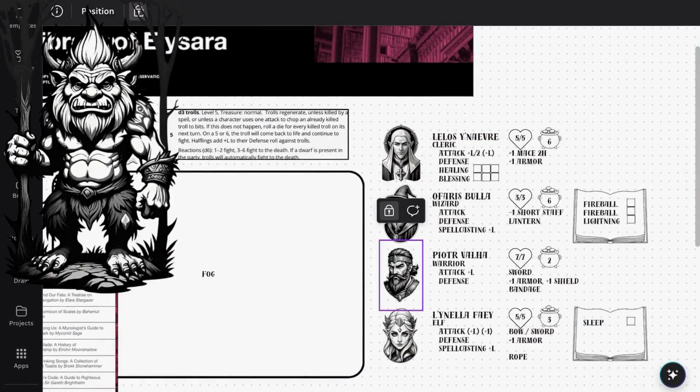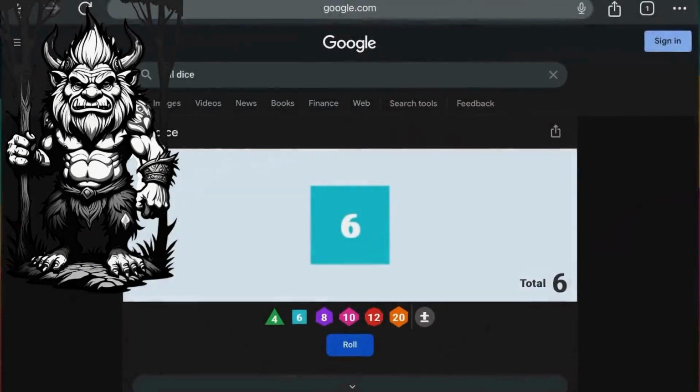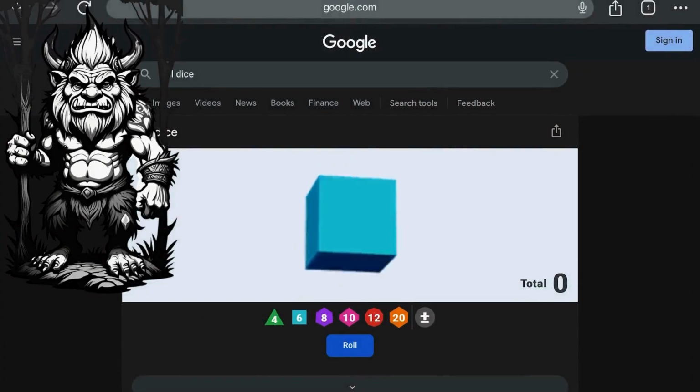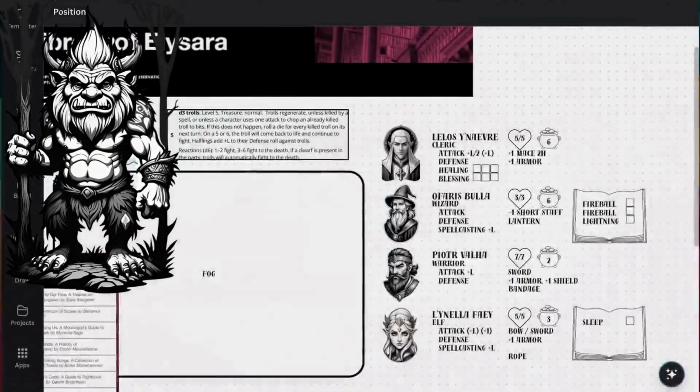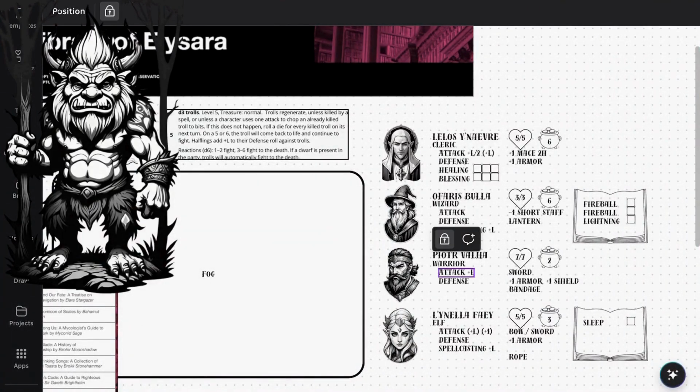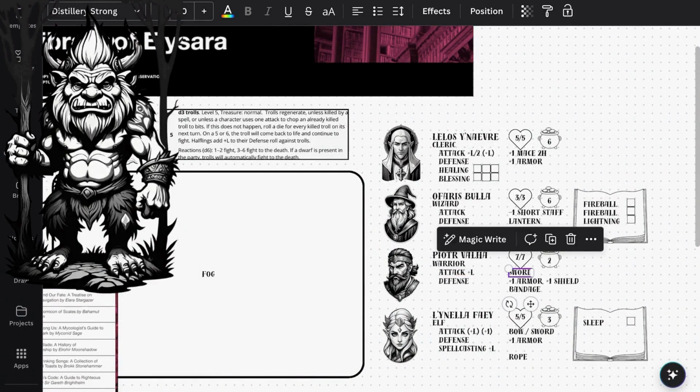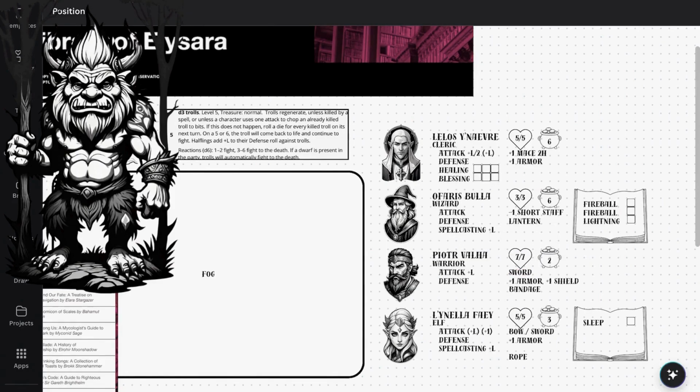So Piotr successfully defended against this troll arriving, and now is the chance to fight back. So an attack roll for Piotr. 3 plus level, which is 1, is 4, and the sword doesn't give any bonuses, so it is just not enough. As Piotr attacks with his sword, the troll is easily defending this attack.